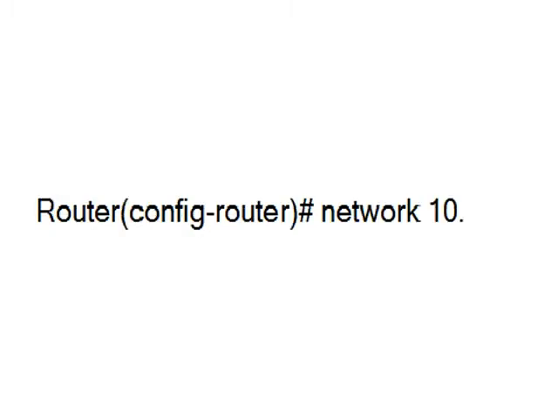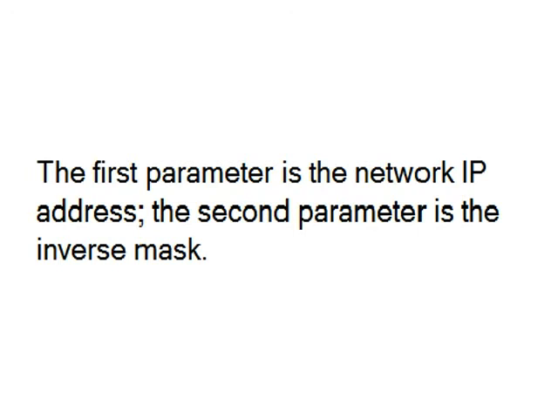Router(config-router)# network 10.0.0.0 0.255.255.255. The first parameter is the network IP address, the second parameter is the inverse mask.